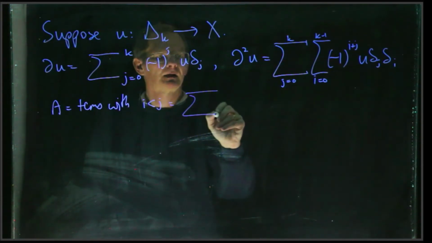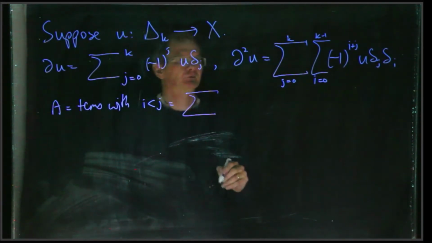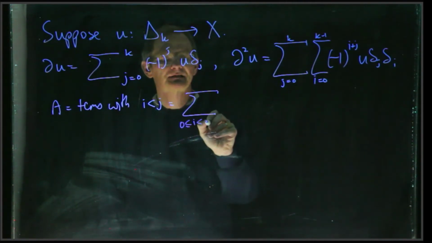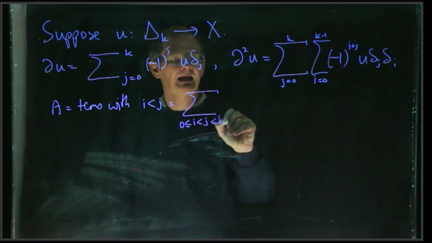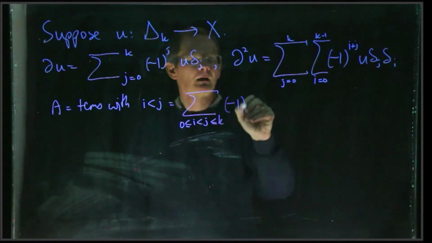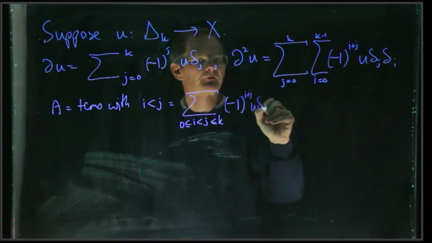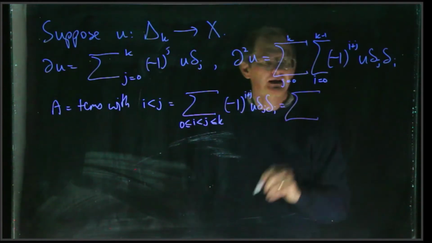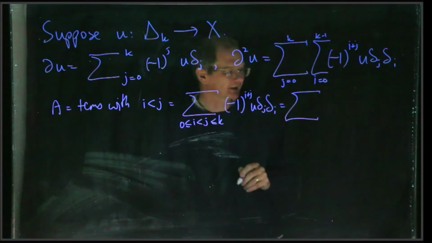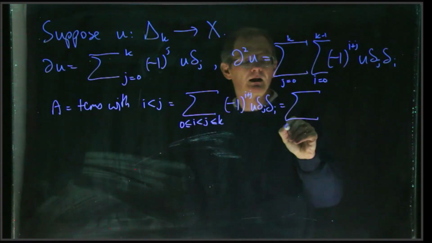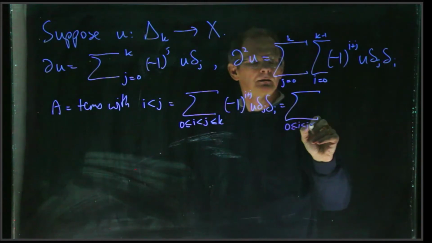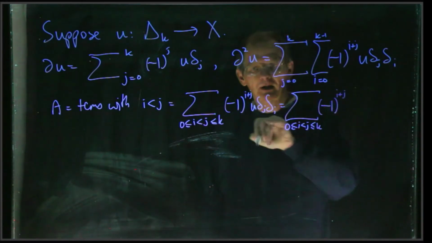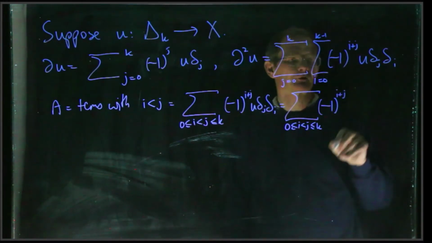So this is the sum with I less than j, and then j is less than or equal to k, of minus 1 to the I plus j, u delta j delta I. But by the result that we just had on the previous screen, we know now that this delta j delta I can be rewritten as delta I delta j minus 1.